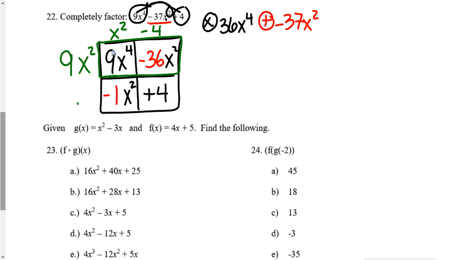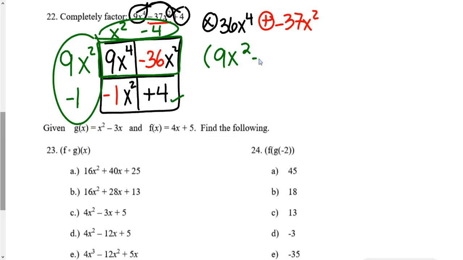What times x squared gives me negative 1x squared? That will be a negative 1. And then my check, does negative 1 times negative 4 equal positive 4? Yes, it does. So my two factors are here and here. I have 9x squared minus 1 and x squared minus 4.